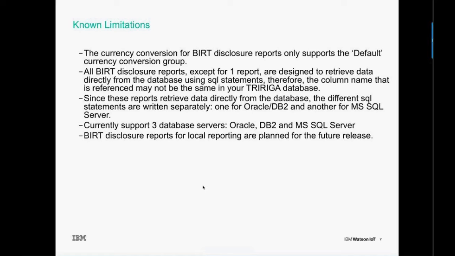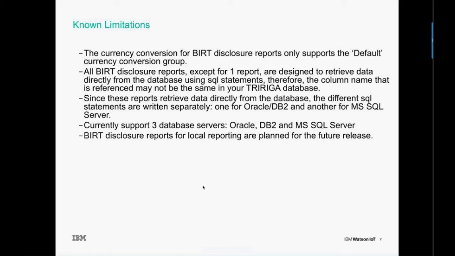Therefore, the column names that are referenced may not be the same in your TRIRIGA database, just to put it out there. The third known limitation is that since these reports retrieve data directly from the database, there are two sets of SQL statements that are written.